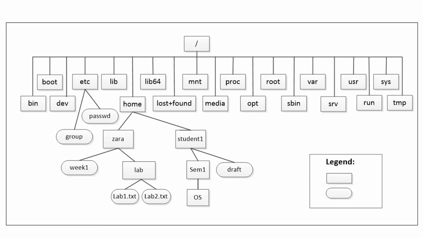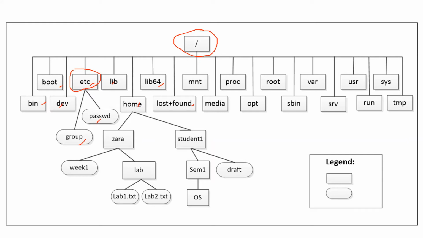So look at this figure. I'm giving you the overview of all directories that we have in Linux. So the root is the top directory, and we have all the subdirectories that come together by default. Okay, if you can see, etc has the configuration files. So password and groups are example configuration files.